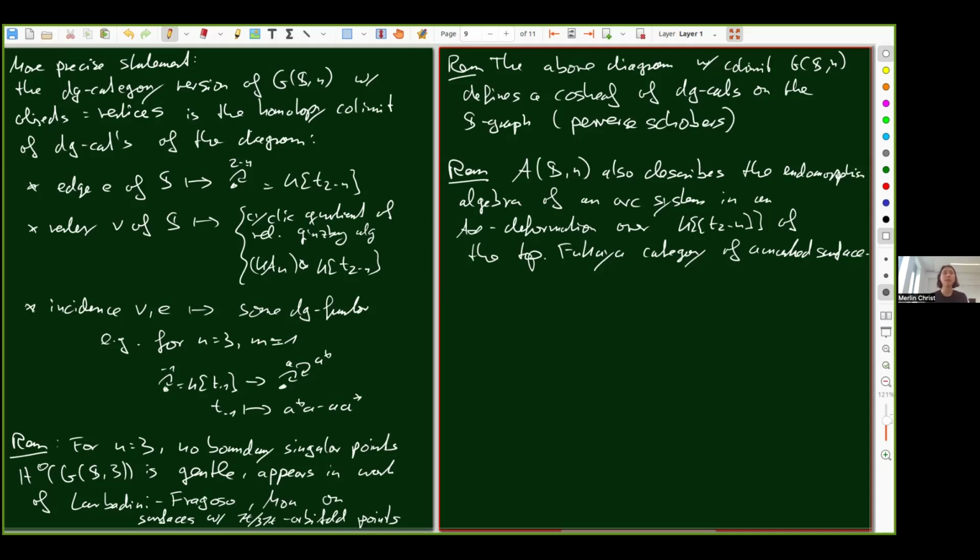It's non-trivial, definitely. There's two things. How do we check this? We know that the relative Ginzburg algebra of an n-gon describes a perverse Schober on an n-gon. There are some local conditions on the co-sheaf to be a perverse Schober. Checking it there is non-trivial, but it has been done in my earlier work.